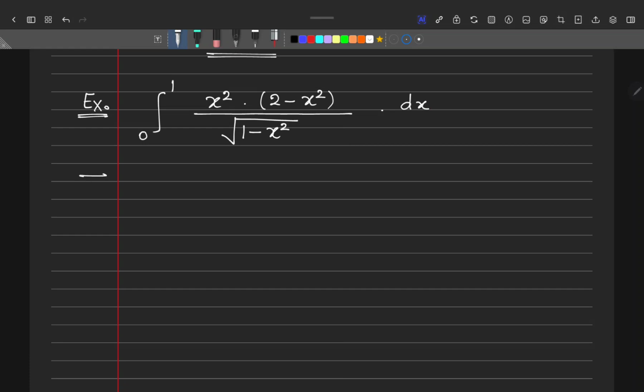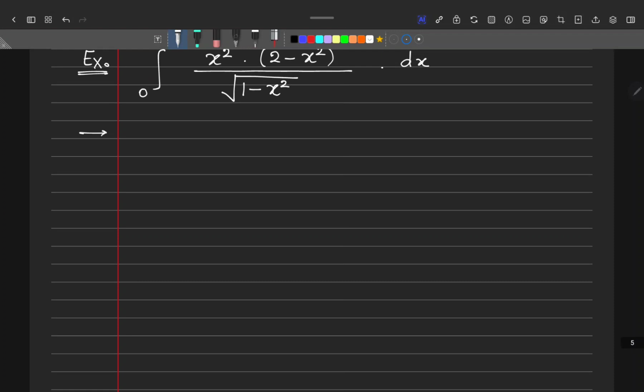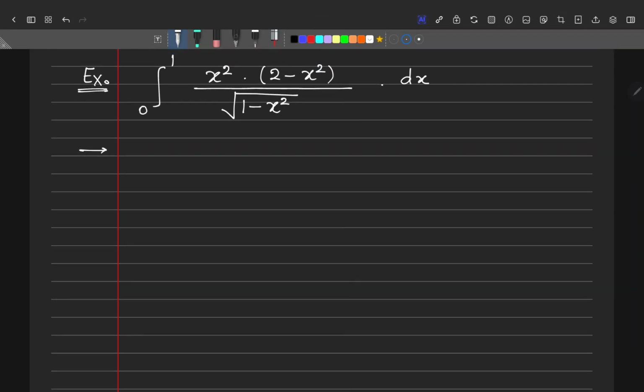Here we use trigonometric substitution. So we substitute x is equal to sine theta.